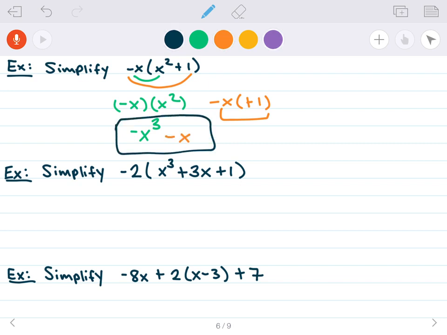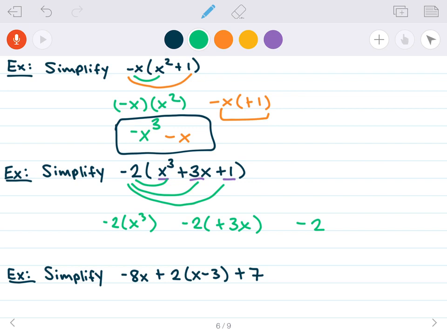Okay, now we have 3 terms in the parentheses, but that's okay. We use the distributive property just like we do when there's 2 terms inside. So we do this guy, this guy, this guy. So we get negative 2 times x to the third for the first one. And we have negative 2 times a positive 3x for the second one.